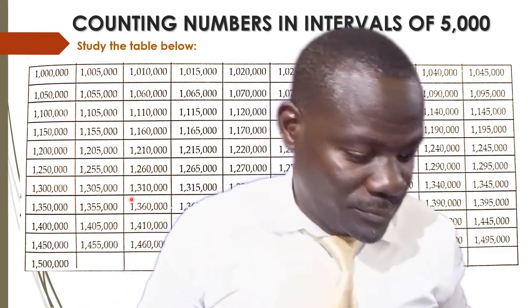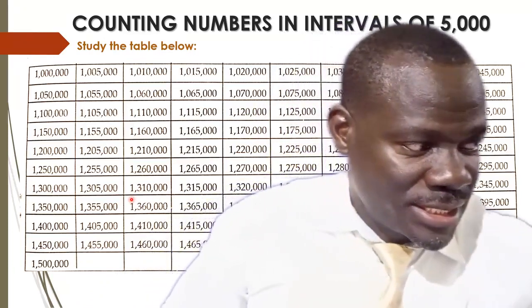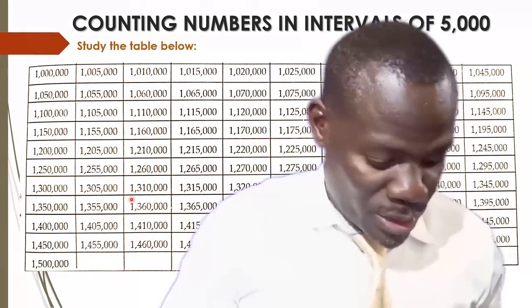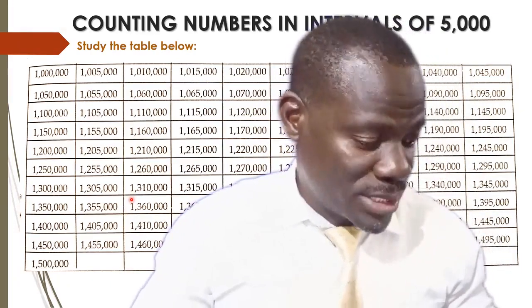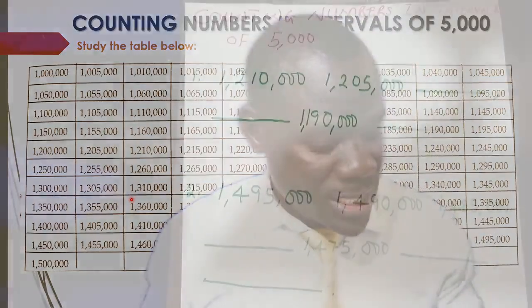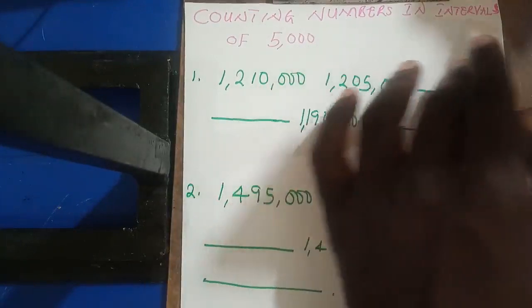Now I have an exercise, and we are going to do it together. The examples are about counting numbers in intervals of 5,000.